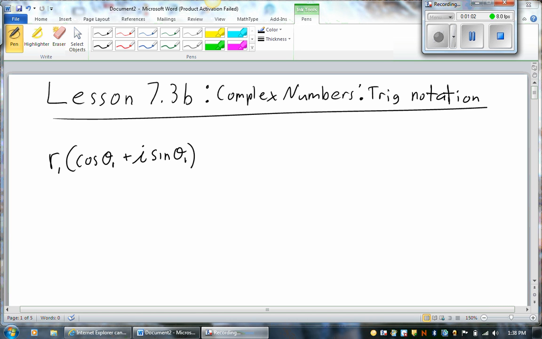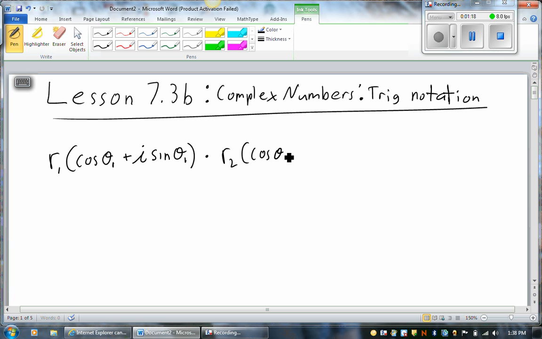And remember, we learned how to find these last time, taking a standard form, a plus bi, and turning it into this form. What we're going to do is, say we have two of those, so let's multiply it by another number written in trigonometric notation, r sub 2 cosine theta sub 2 plus i sine theta sub 2.